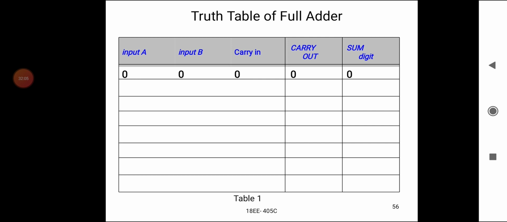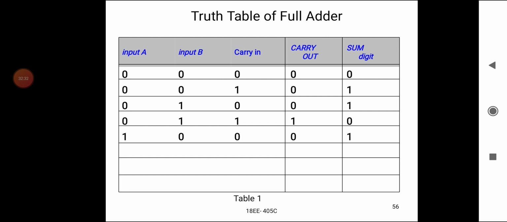When inputs are 0 0 0, the sum is 0 and carry is 0. When inputs are 0 0 1, carry is 0, sum is 1. When inputs are 0 1 0, sum is 1 and carry is 0. When inputs are 0 1 1, sum is 0 and carry is 1.